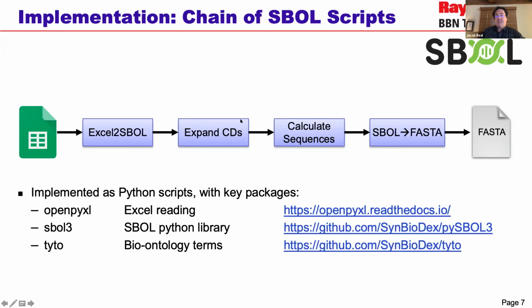Then we need to take the sequences of the parts and bubble those upwards in order to calculate the sequence for the full construct. And finally, take that out of SBOL into FASTA so that we've got a file that we can upload to a synthesis provider and find out where we've got problems that they want us to modify the design, et cetera, until we're actually ready.